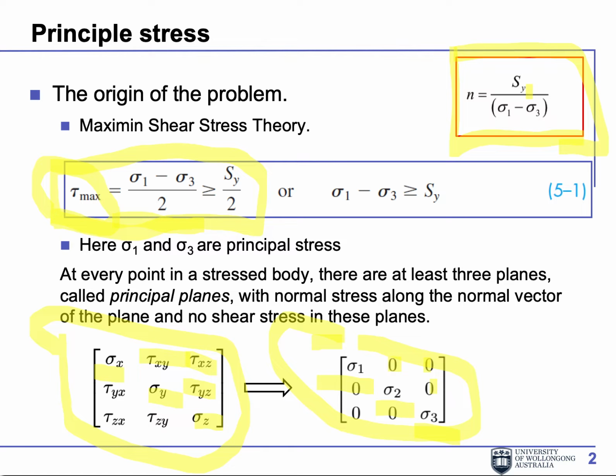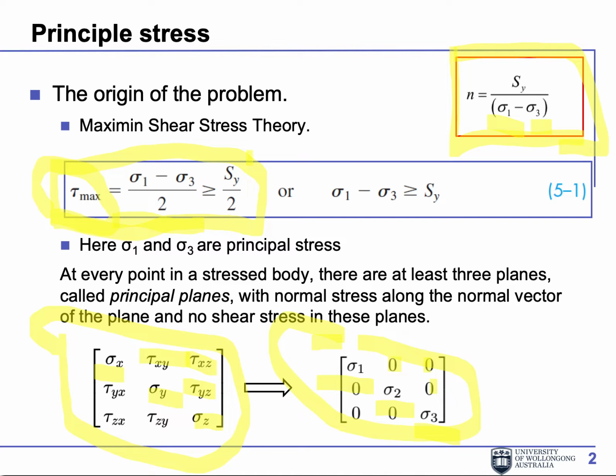We normally wouldn't use a brittle material to fabricate shafts and components for our manufacturing. So the yield strength of the material over sigma 1 minus sigma 3, the difference between the largest and smallest principal stress, will give us the safety factor in the maximum shear stress theory.